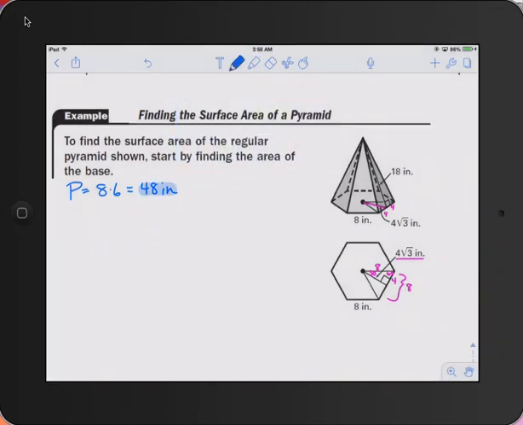The base area is going to be 1/2 apothem times perimeter because it's a regular polygon. The apothem is 4 root 3. The perimeter is 48. And the 2 here would cancel. That'll be 96 root 3 inches squared.